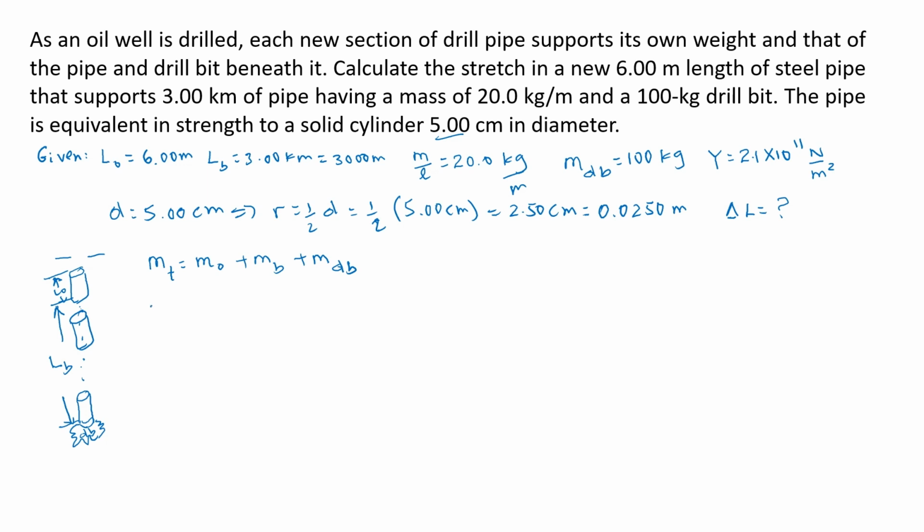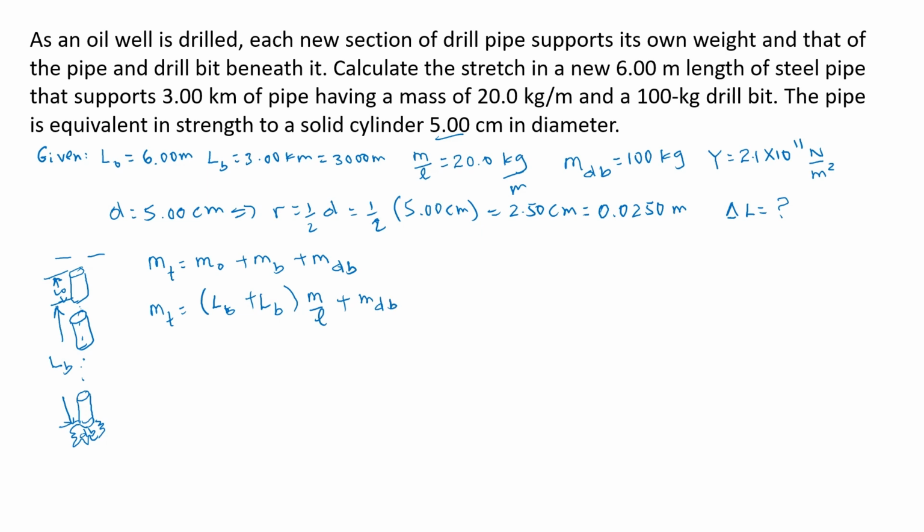Therefore, total mass is going to be the length of the newly added pipe plus the length of the pipes beneath multiplied by the length density, which is mass per unit length, plus mass of the drill bit.